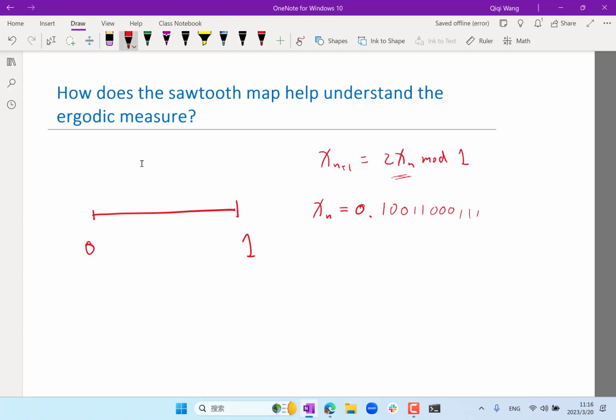Remember, for a measure to be a measure, for a probability to be a probability, it has to satisfy the countable additivity property.